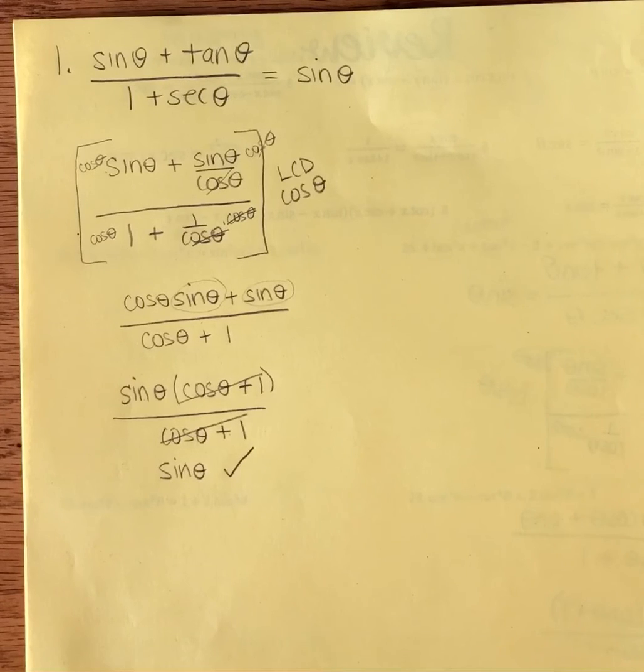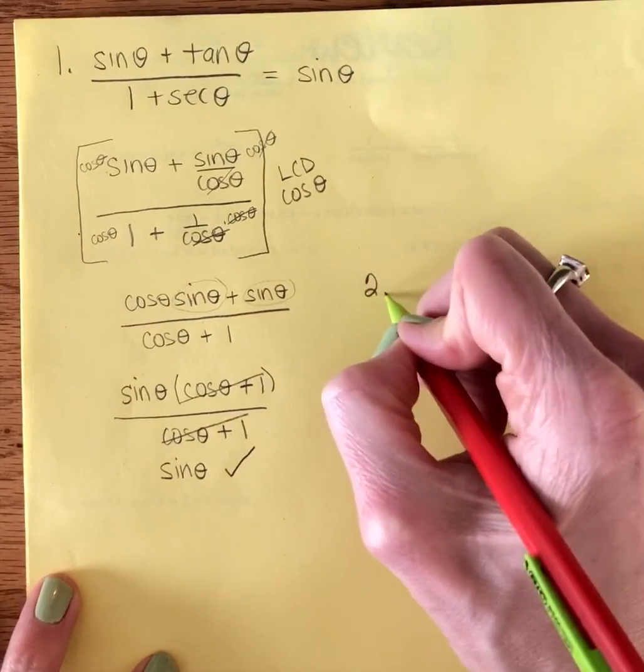Okay. For problem number 2, I would change them all to sines and cosines and then distribute the sine x, cosine x, because you have, and I'll write this out real quick for you.